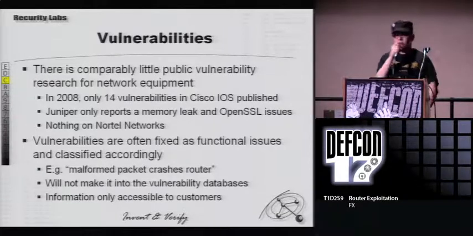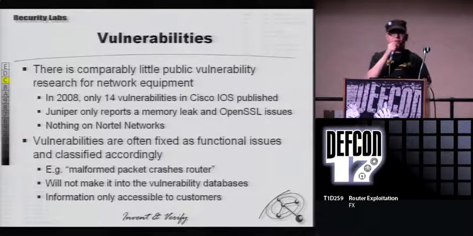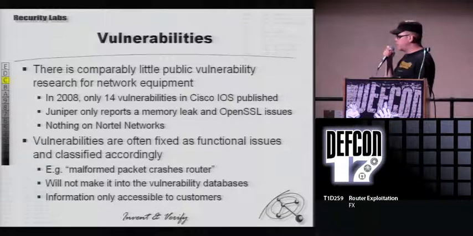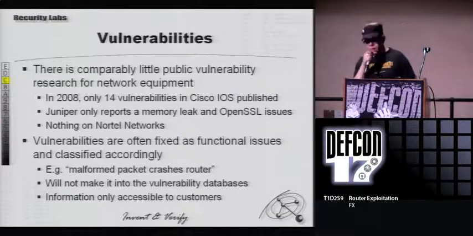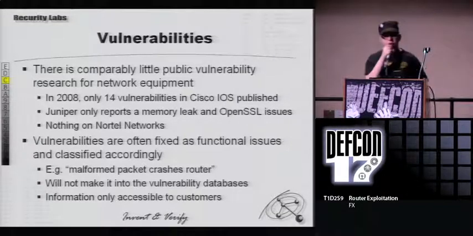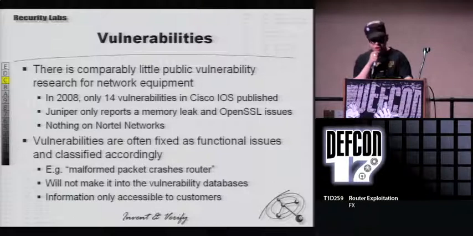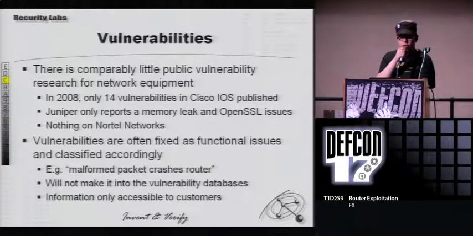And they go, oops, functionality issue, gonna fix that. So it actually never makes it into a security advisory, and doesn't make it into any databases, so it's not accessible to any of their customers, even if they care. So they don't actually know, which is bad because those customers run our internet. You know, the place where the porn comes from?